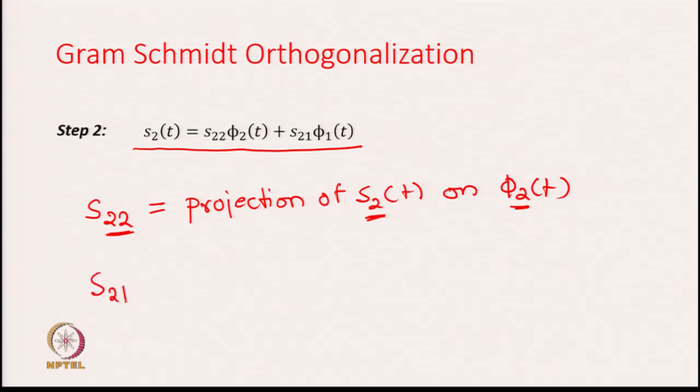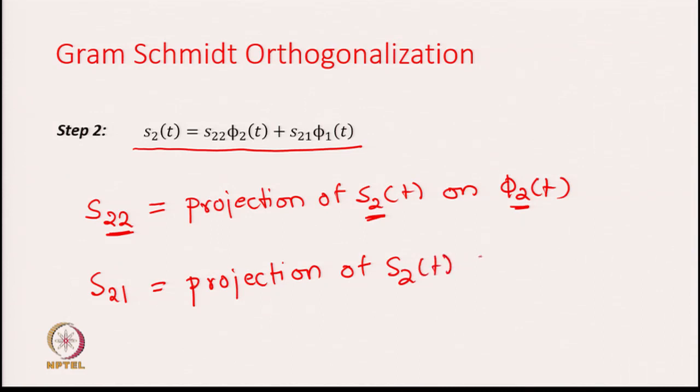S21 will be the projection of S2(t) on phi1(t). Okay. So, this explains this subscript.